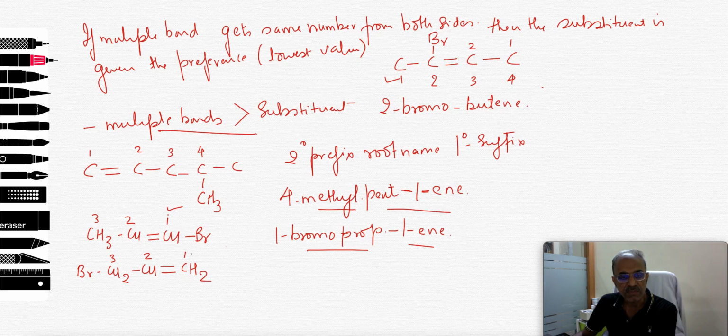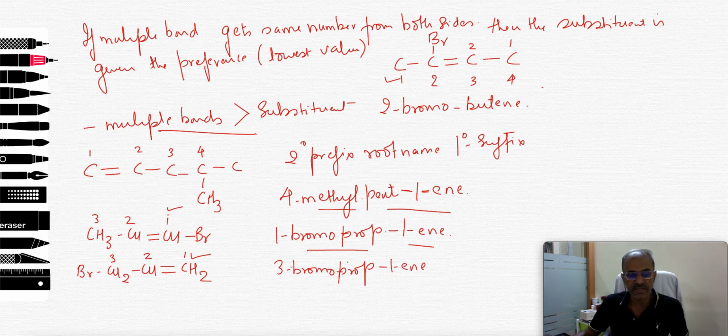So the preference has to be given to the multiple bond. Then it will be 3 bromo prop 1 ene. Fine. Okay.